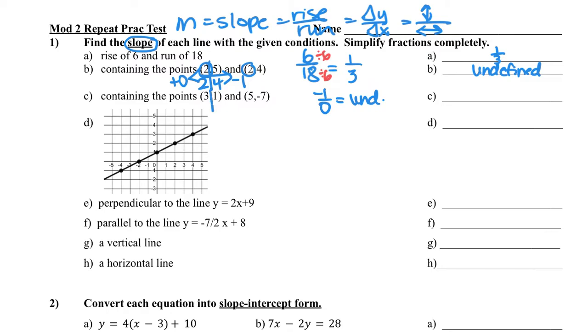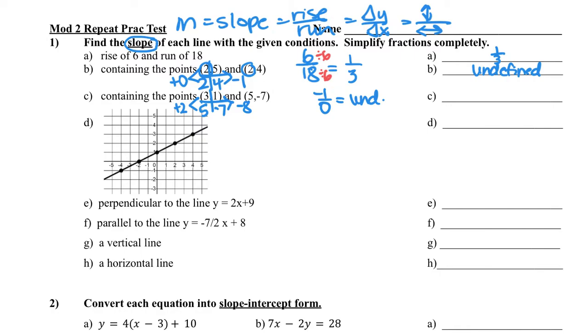Taking a look at part C, I'm going to stack my numbers again. From 3 to 5 is increasing by 2, and from 1 to -7, picture that on a number line. If I'm right here at 1 on my table and I'm going all the way down to -7, I'm going this way. That is going to be a decrease of 8.